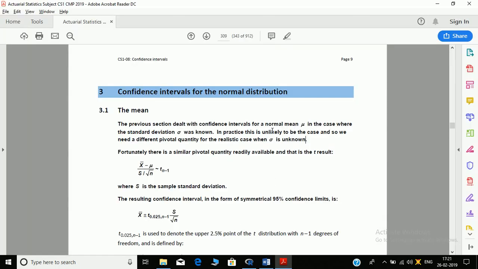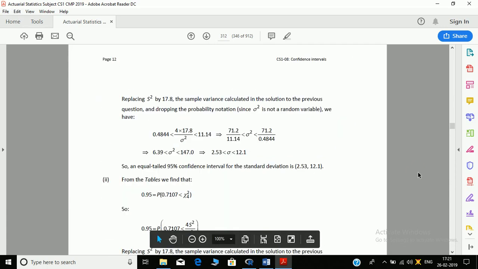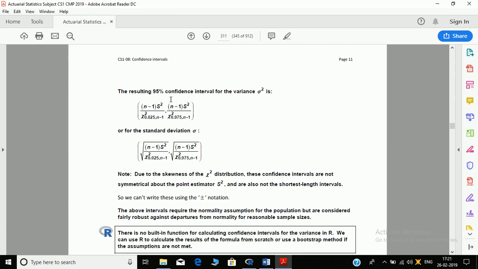So let's see what the test statistic is here. Let's see the test statistic first.